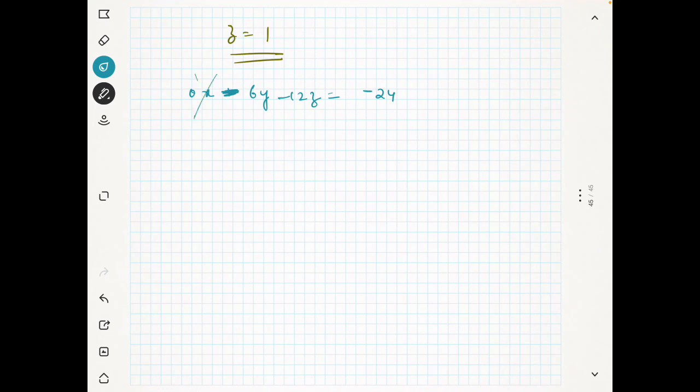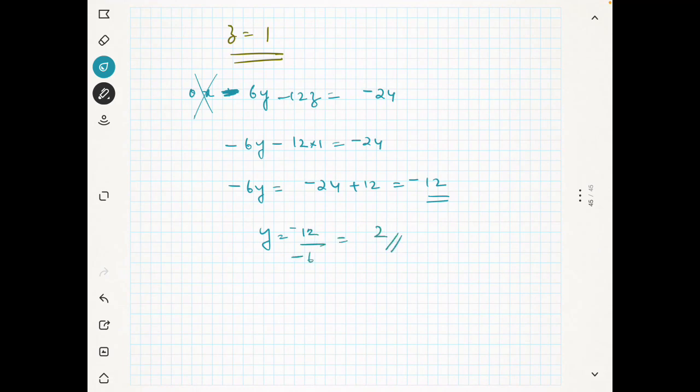So minus 6y minus 12 into 1 is equal to minus 24. So minus 6y is equal to minus 24 plus 12, which is equal to minus 12, right? So y is equal to minus 12 divided by minus 6, which is equal to 2, right? So you got the answer for z and y.